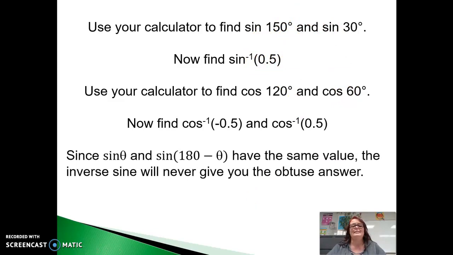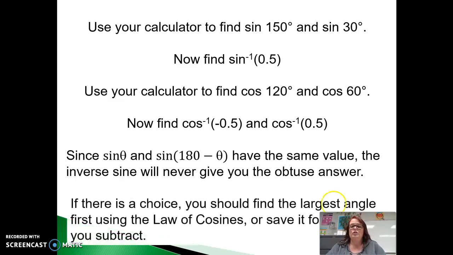Since the sine of theta and the sine of 180 minus theta have the same value, whether you're in the first quadrant or the second quadrant, the inverse sine is never going to give you that obtuse answer. It's just going to give you the first quadrant answer. So if there's a choice, you should find the largest angle first using the law of cosines, or save it for last when you subtract.